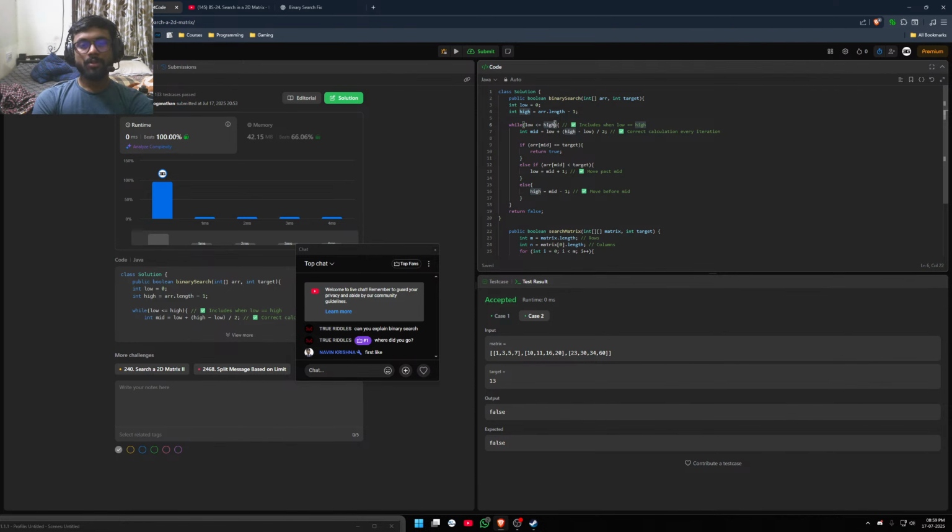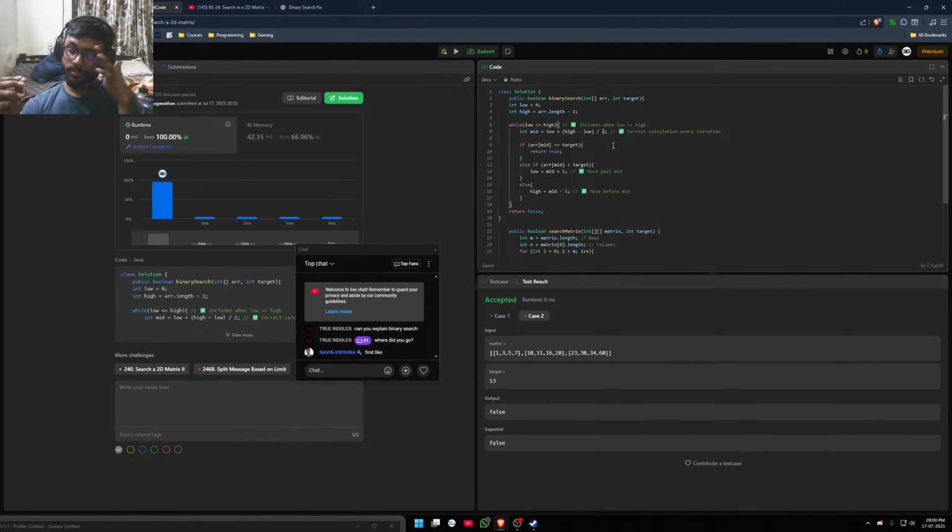In this we take int mid equal to low plus (high minus low) by 2. This calculation is not very hard to understand. Every time we change the low.